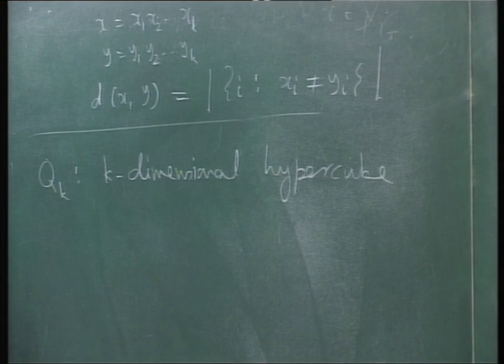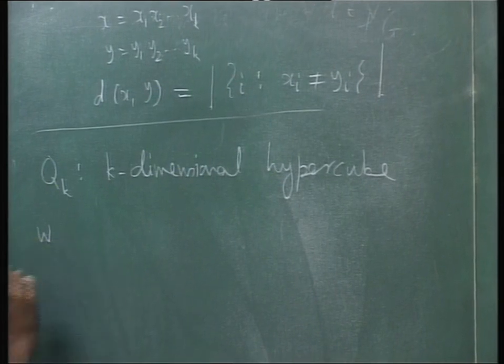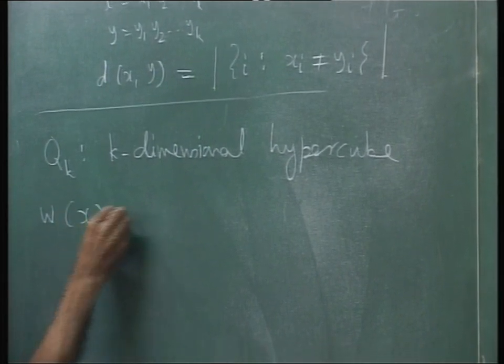It is a bipartite graph. All Q_k are bipartite in all dimensions. And there are many ways of seeing this. One easy way is, let me define this, now that we have gone this far, the weight of x.